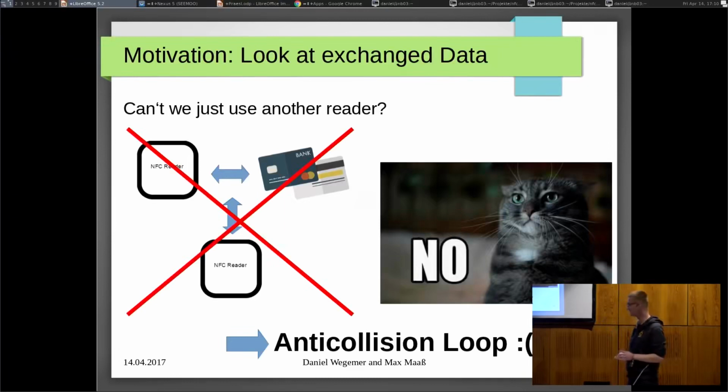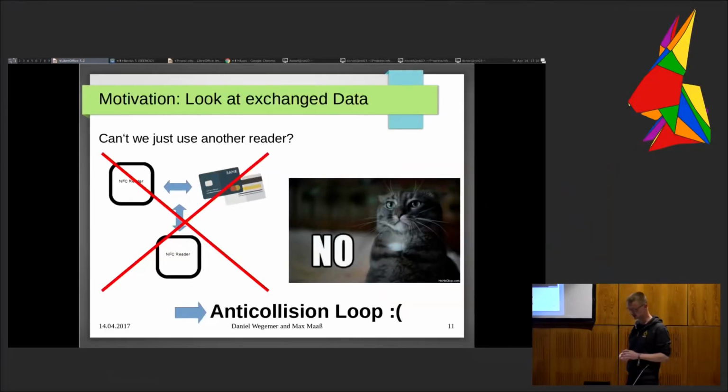The problem here is the anti-collision loop. It is part of, in most of the cases, the firmware, and it's really hard to modify this. So what is this anti-collision loop?